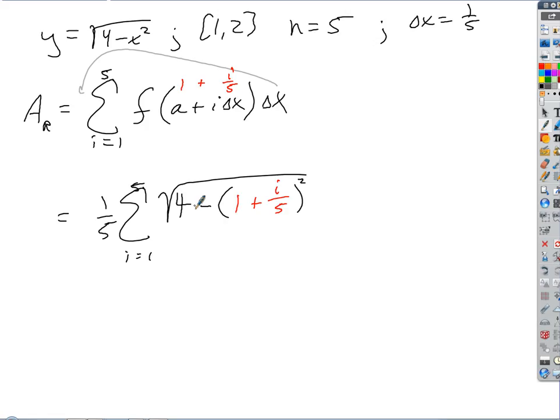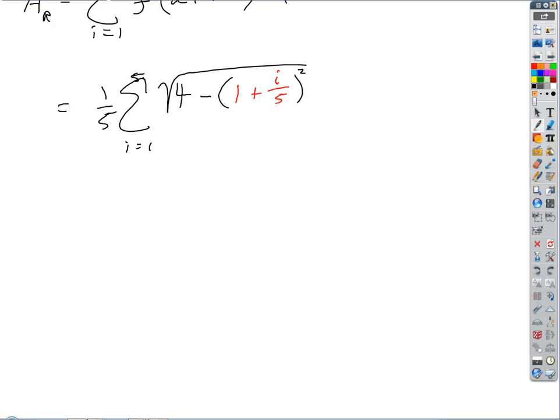Now all we've got to do is just add those up, right? So what's that going to equal? If I let this thing run from 1 to 5, I've got my 1/5 out front. What's the first term going to be? If i is 1, what do I get? 1 plus 1/5 is 6/5.